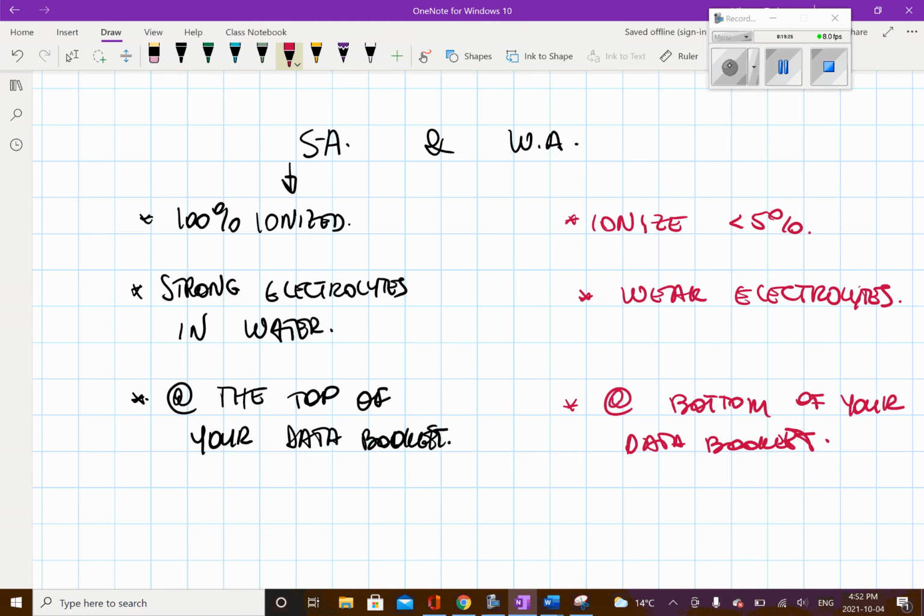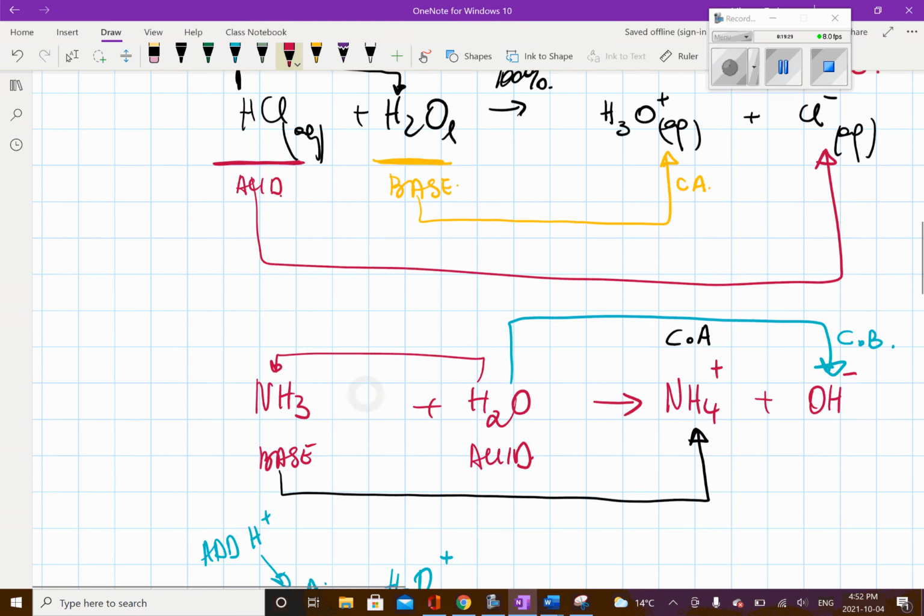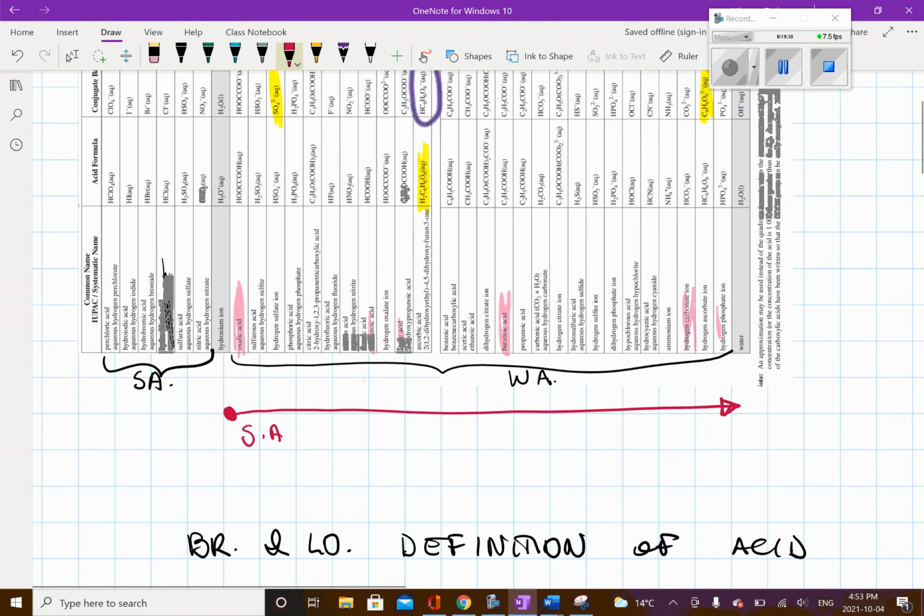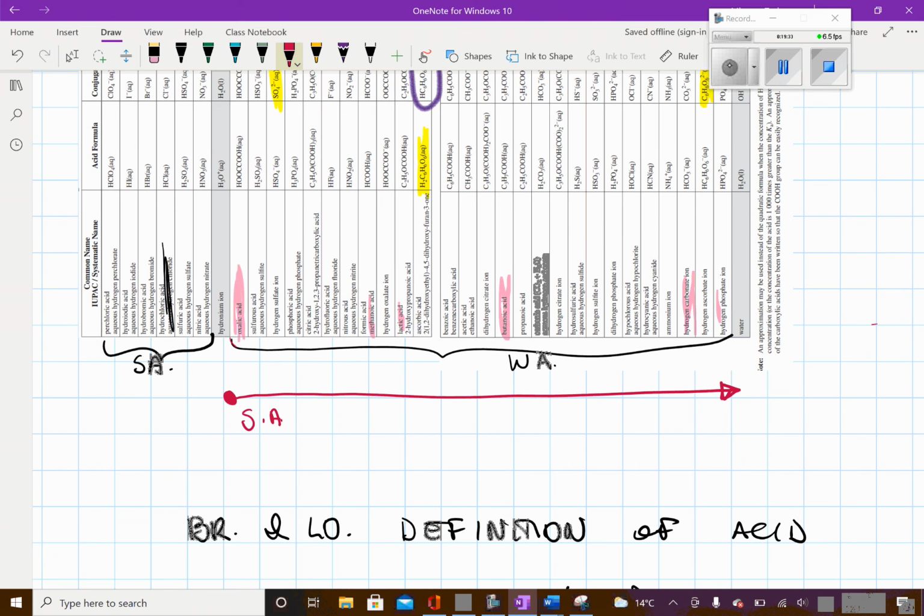And what I mean is this, that those are strong acids and those are weak acids. Okay, so everything that is above is strong acid and everything that is below is weak acid.